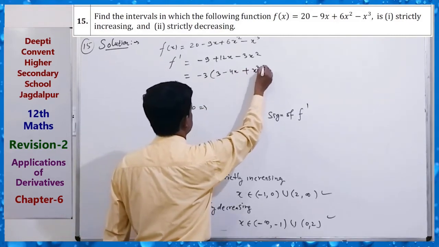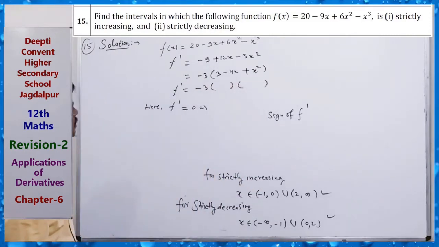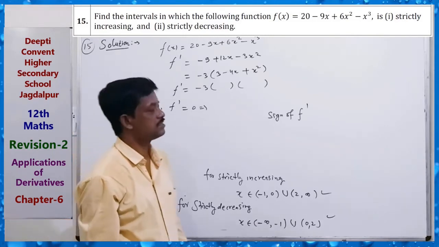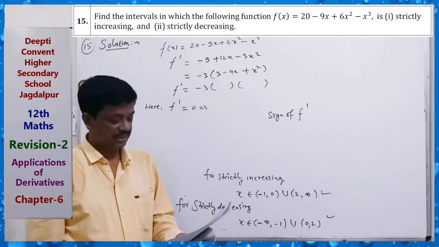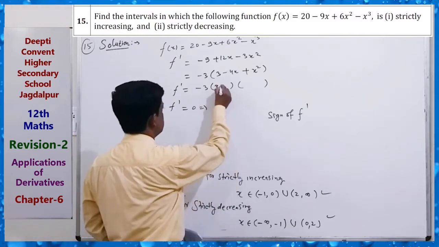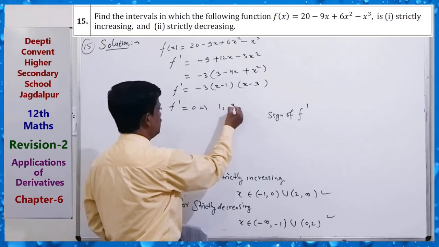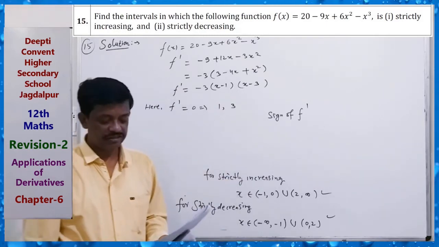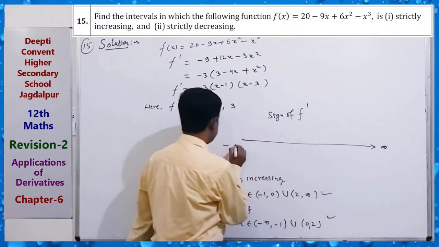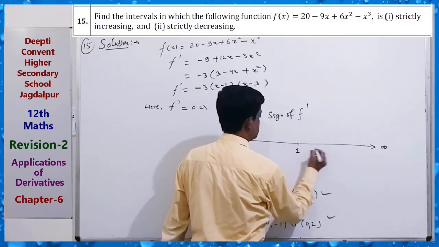So we can factorize it as x minus 1, x minus 3. That is, the points will be 1 and 3. Okay, so our interval will be: minus infinity, 1, 3, plus infinity. This is 1, this is 3, so here 3 parts.